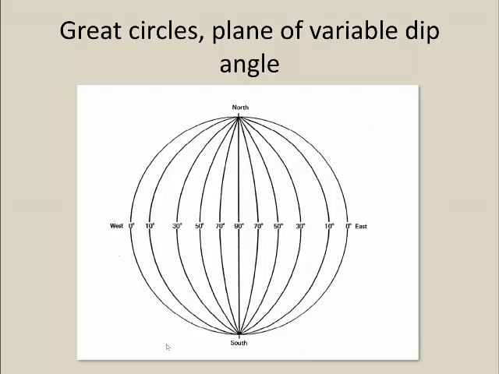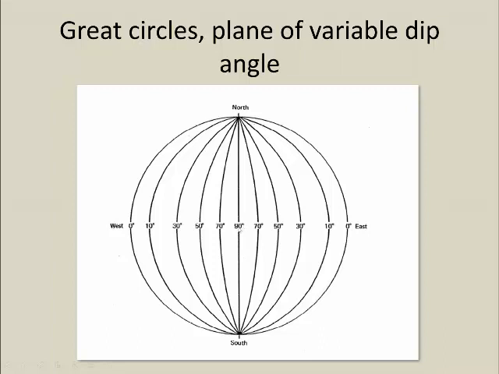Let's have a look at the Stereonet, and we see here a variety of great circles for planes that all strike north to the south. And a plane that is vertical will produce a great circle that is a straight line from the north to the south.